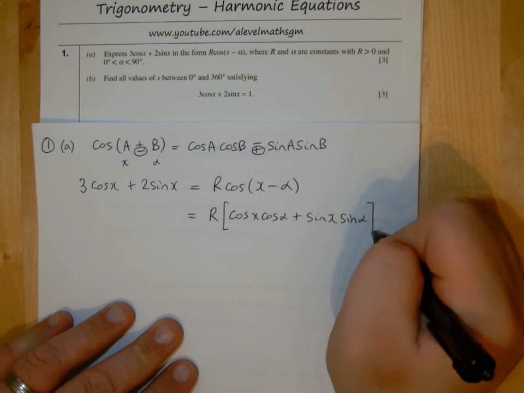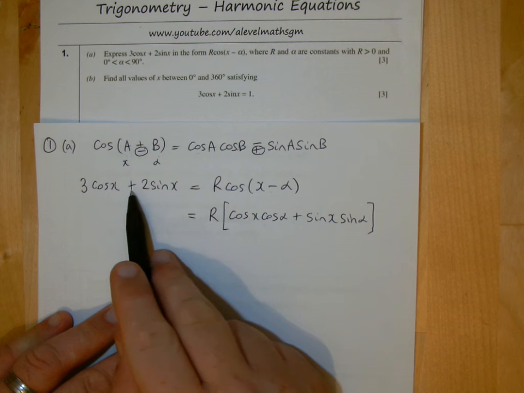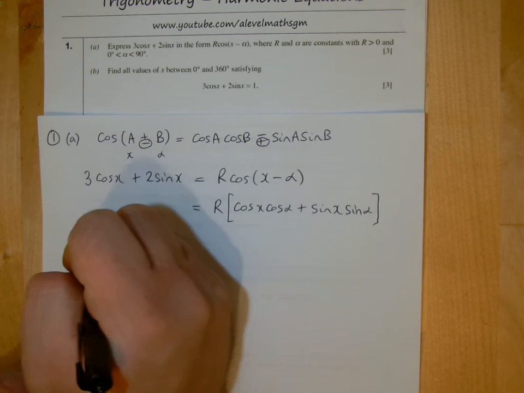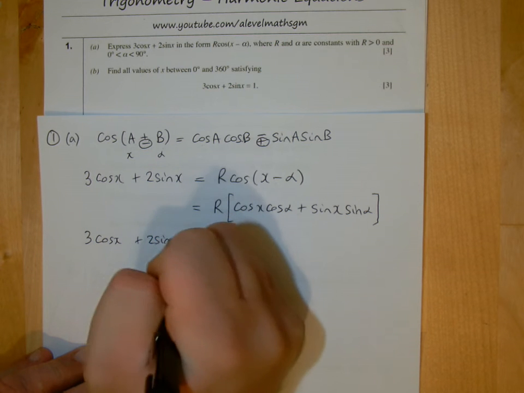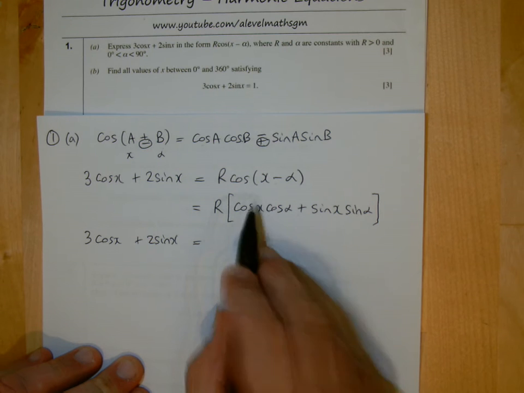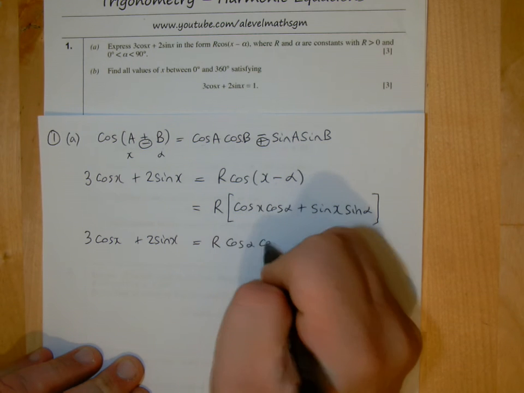You notice it comes out plus nicely, which has got to correspond with the question. On the next line, write this out again: 3 cos x plus 2 sin x. When you expand this out, you can do r times this, so r cos alpha cos x.